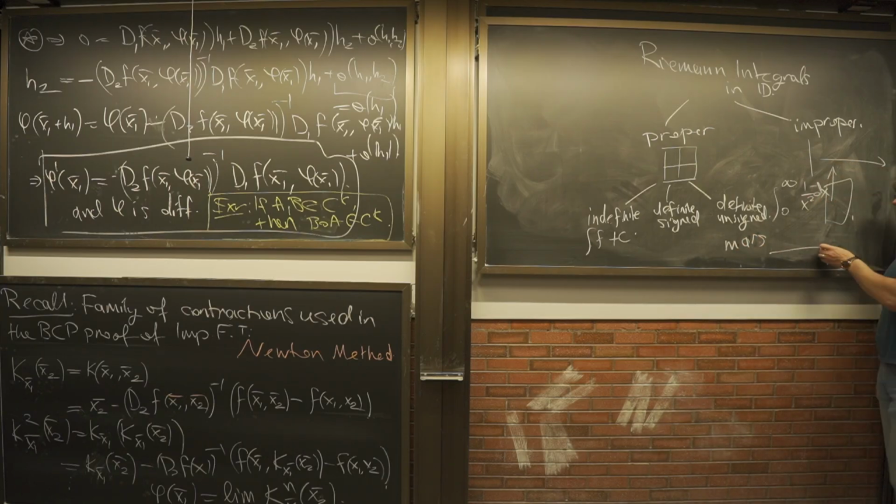If this is your rod and your density function is like this, it shouldn't matter in which direction you integrate, from here to there or from there to here. The mass should be the same. That's why it's called unsigned.